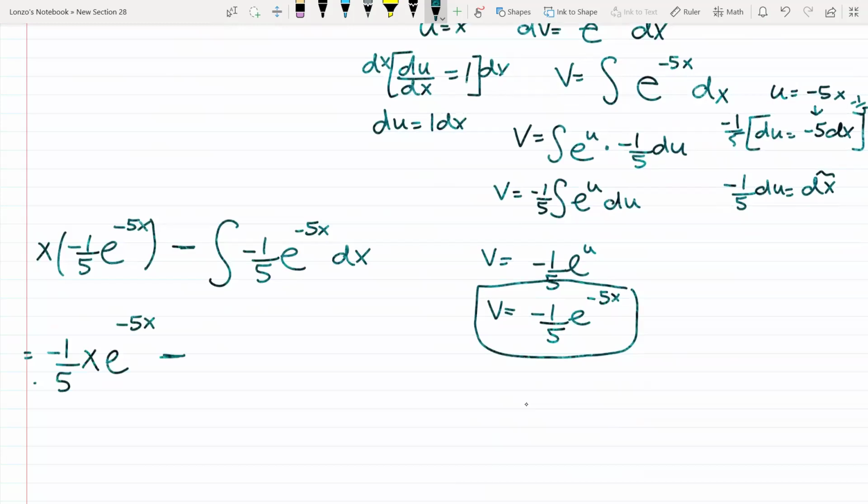Minus, what is it? Okay, so you have a constant here. Take it out. So you have e to the negative 5x dx. And what is the integration of, whoops, I forgot, it's negative 1/5. There's two minuses, right? You took out a negative 1/5, so two minuses becomes a positive.